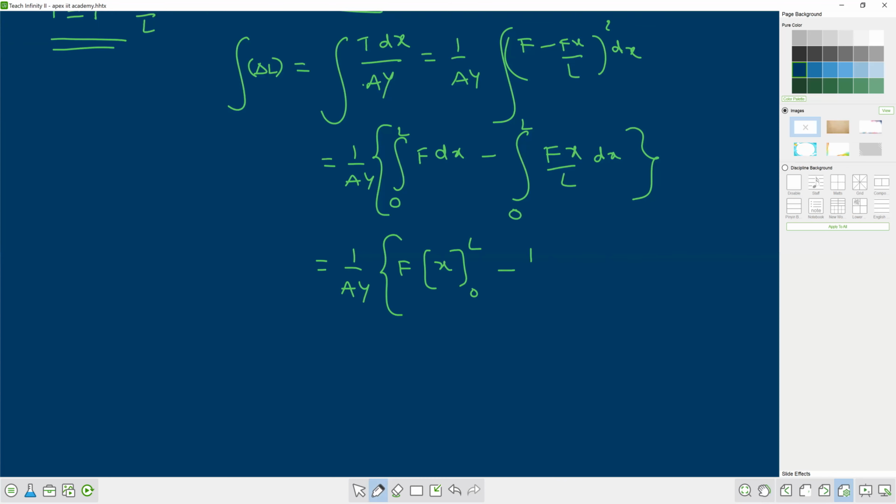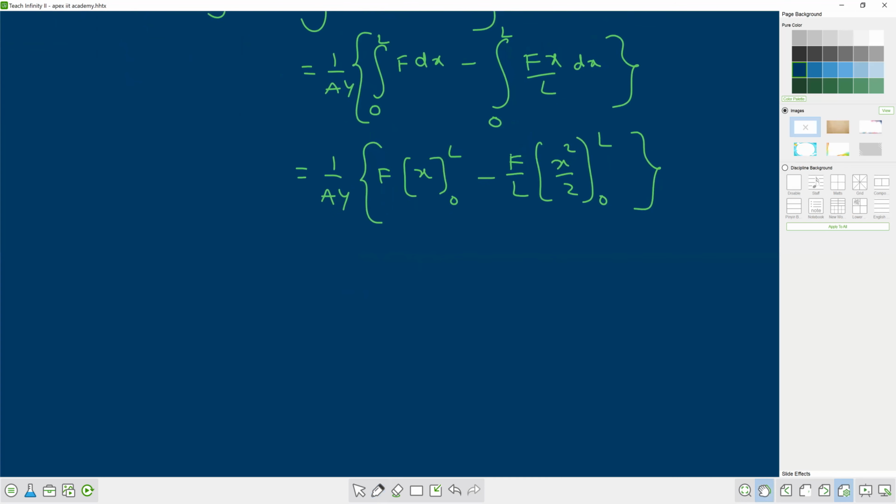Minus, F by L is constant here. What is the integral of x dx? That is x square by 2. It is also from 0 to L. And finally, 1 by AY into, by substituting the upper and lower limits, you will get FL minus F by 2L into L squared.